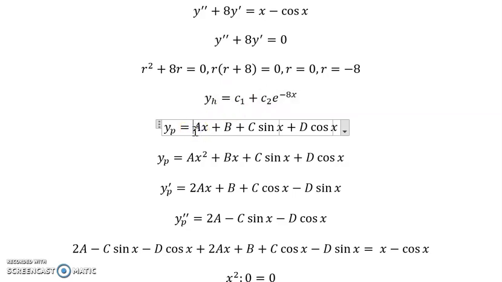So what I have to do is multiply my polynomial portion, the part that has the thing that's repeated. I have to multiply that whole guess by x. And so that's going to give me ax squared plus bx.